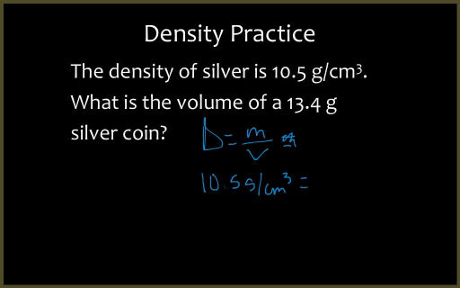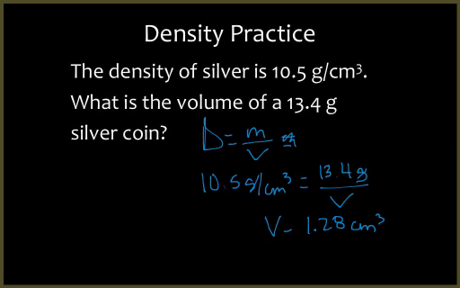My density is 10.5 grams per centimeter cubed. My mass is 13.4 grams, and I'm looking for volume. So if I go ahead and rearrange this and solve for volume, I get 1.28 centimeter cubed because my grams canceled and I'm left with centimeters cubed.